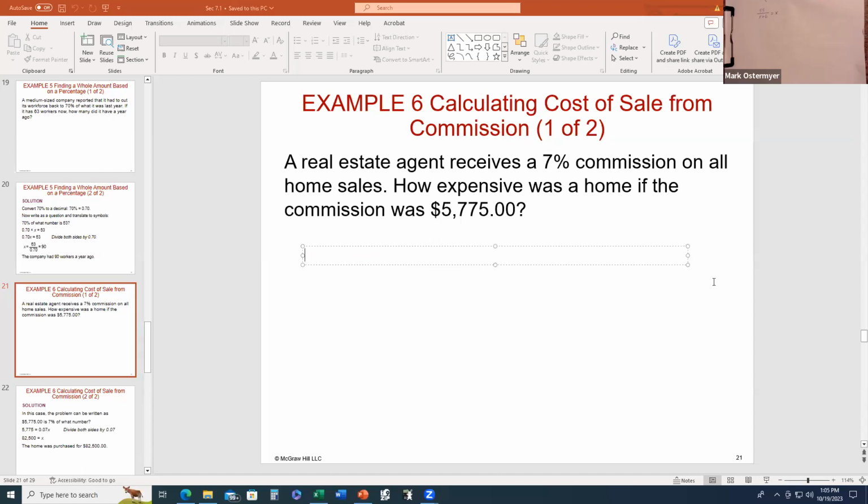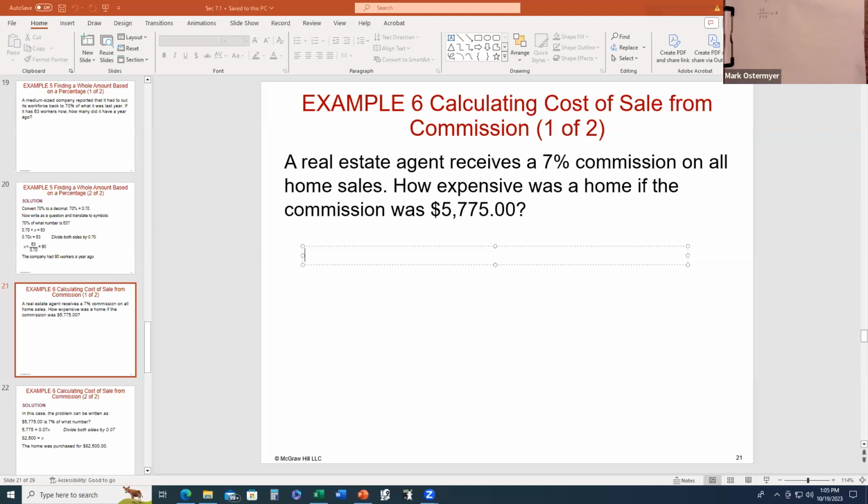If you've ever done any waitressing or waitering at a restaurant, in a way you do receive a commission also in the form of what are called tips. Tips are not exactly what commissions are, but it's something that's earned above and beyond maybe your hourly salary or maybe your annual salary or monthly salary.